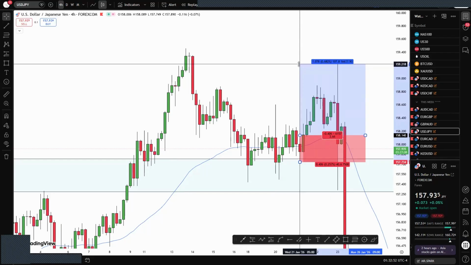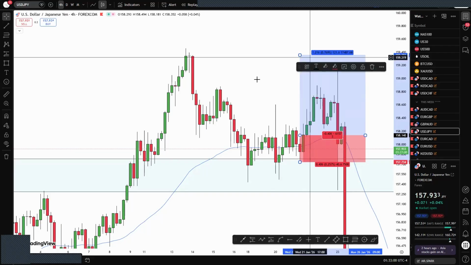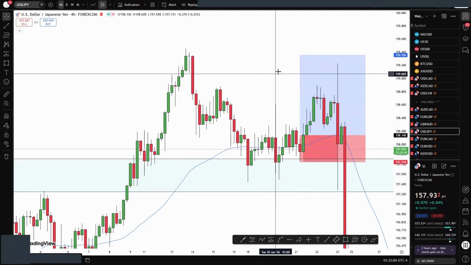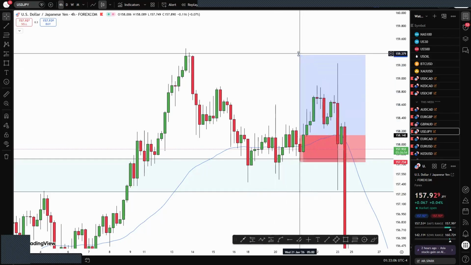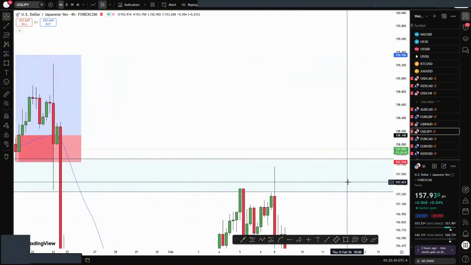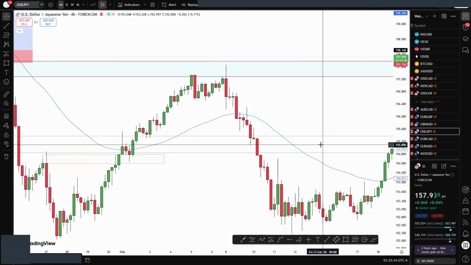I got my 1 to 2 there, but I needed my 1 to 3 as my target. This sometimes happens, where price is almost hitting your take profit, then all of a sudden goes to your stop loss. It's just part of the game.